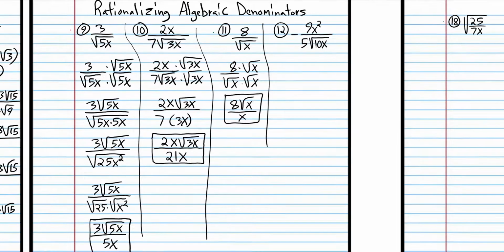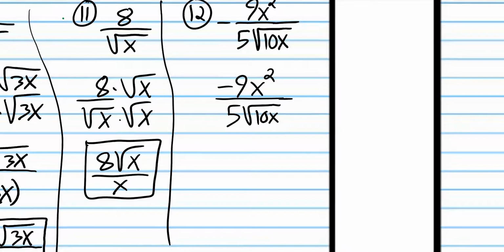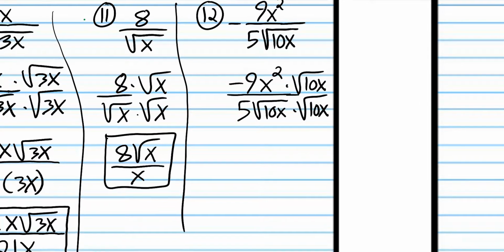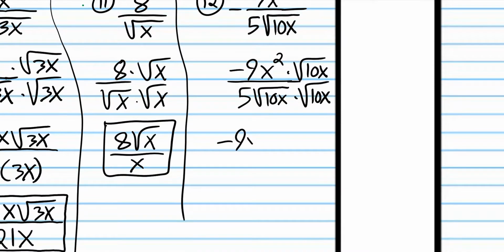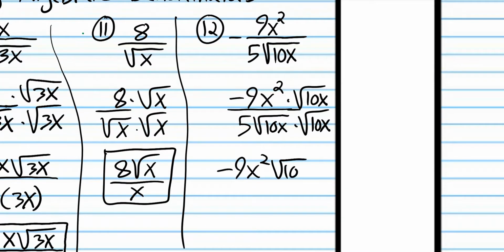All right, we're back. So rewrite. And we're going to multiply both sides by root 10x. And then we get negative 9x squared root 10x all over 5.